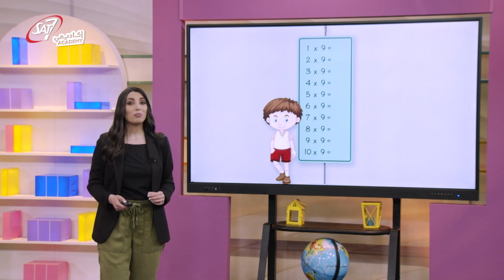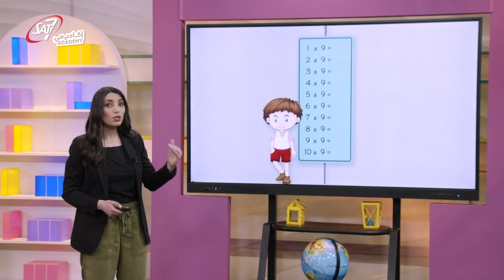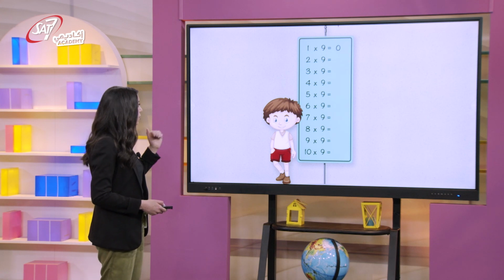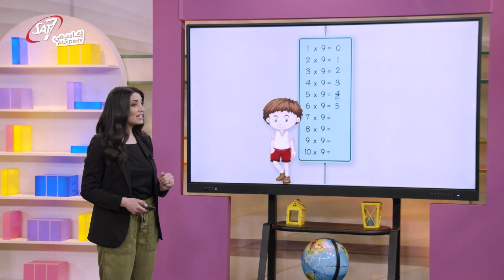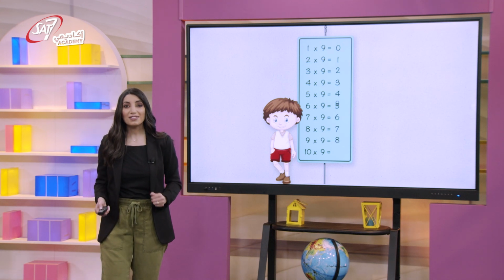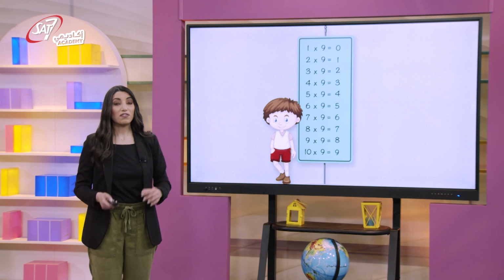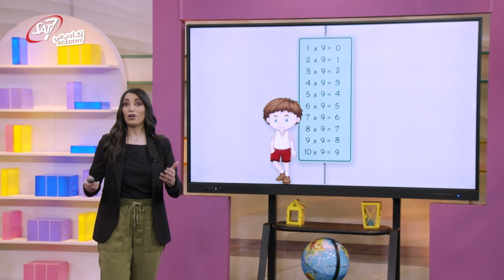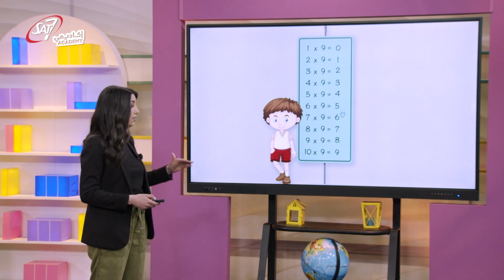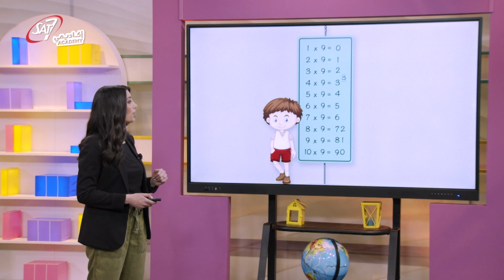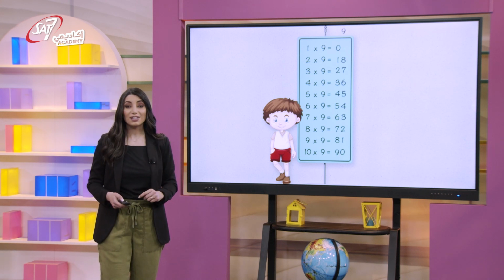We will begin by writing the first digit of all the answers from 0 to 9. So 0, 1, 2, 3, 4, 5, 6, 7, 8, 9. Now let's write the second digit of each answer from 9 to 0, or from 0 to 9 by starting at the bottom. 0, 1, 2, 3, 4, 5, 6, 7, 8, 9.